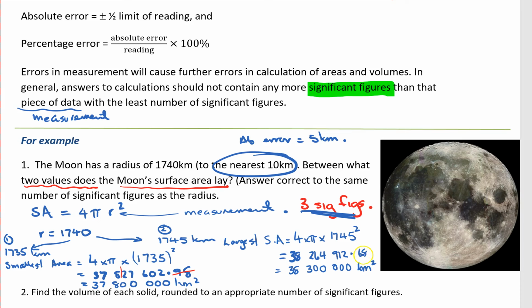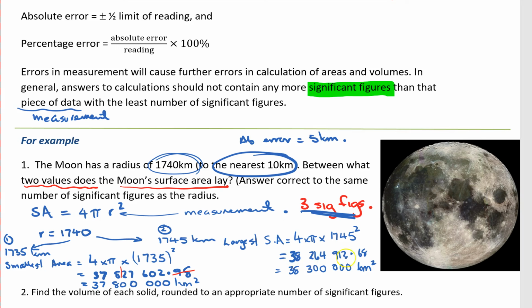Now, like I explained before, that's a very precise number of square kilometres. Realistically, we can't calculate the area with that precision, or that exactly, using a value for the radius which contained error, and that radius measurement only had 3 significant figures.